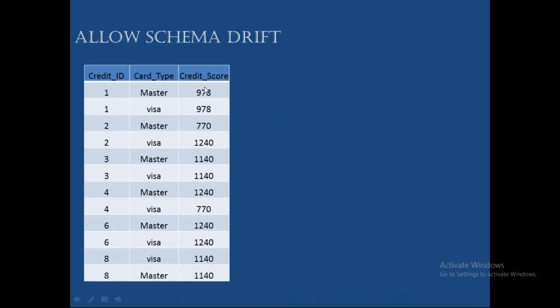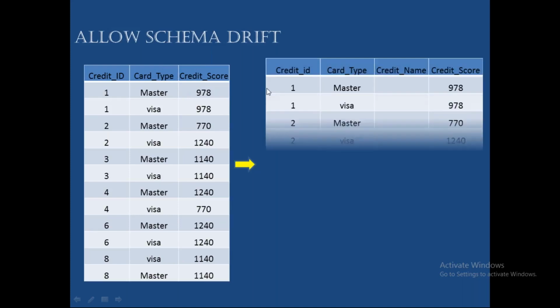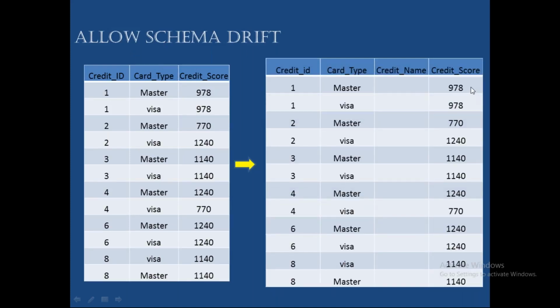To avoid these things, we need to use schema drift. Even though you removed the credit name here, when you allow schema drift, it will properly display the data. This is basically credit score. The credit name column is already deleted, so as there is no data for the credit name column, it will come null here. That's why you need to allow the schema drift.